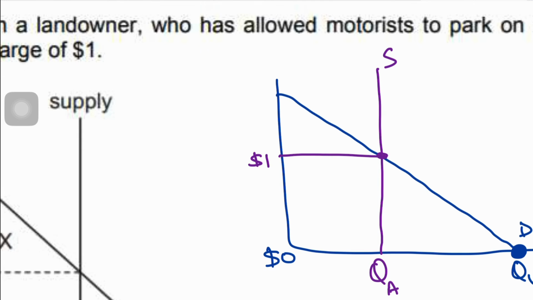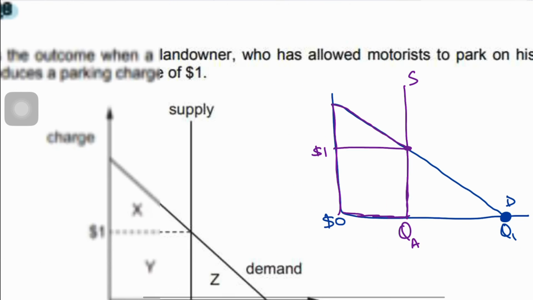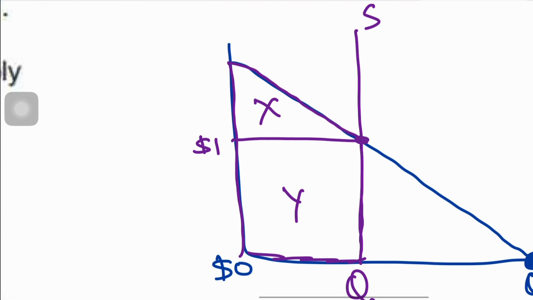Then your consumer surplus would represent what you were willing to pay for that, or the utility that you were gaining by parking QA cars there, for the consumers who were satisfied by parking. So this would represent this area. Let me see the letters there. It's X and Y, right? So X plus Y would represent the consumer surplus had no fee been charged.